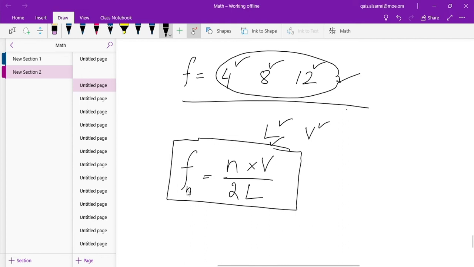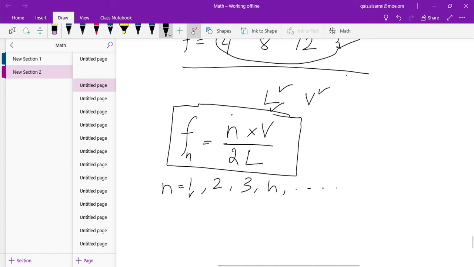It's better to write n in the subscript, where n starts from 1, 2, 3, 4 and so on. If you put 1 in this equation, it means you are calculating the fundamental frequency, and if you put 2 in this equation, you are calculating the frequency for the second mode of vibration. If you put 3 in this equation, it means you are calculating the frequency of particles in a standing wave for the third mode of vibration, and so on.